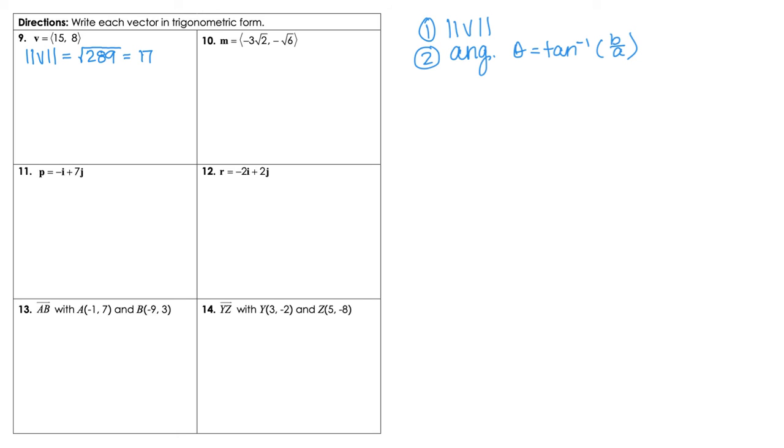And for theta, remember tangent of theta is going to be B over A, so it's going to be 8 over 15. And I got theta to be 28.07. And that's in the first quadrant, so that is the angle to keep. And so they want you to write this in your trig form.